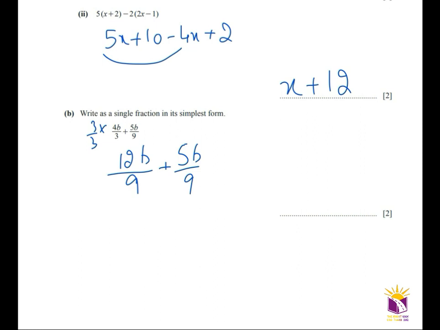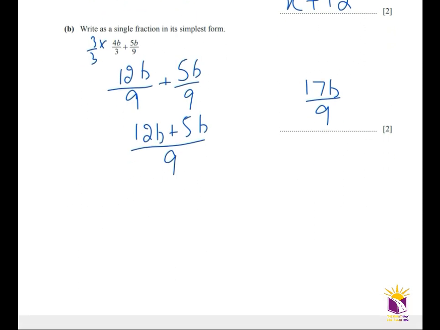So it will become 12b plus 5b by 9, and it will become 17b by 9, and it is in the simplest form because 17 and 9 are not cancelled by any single number.